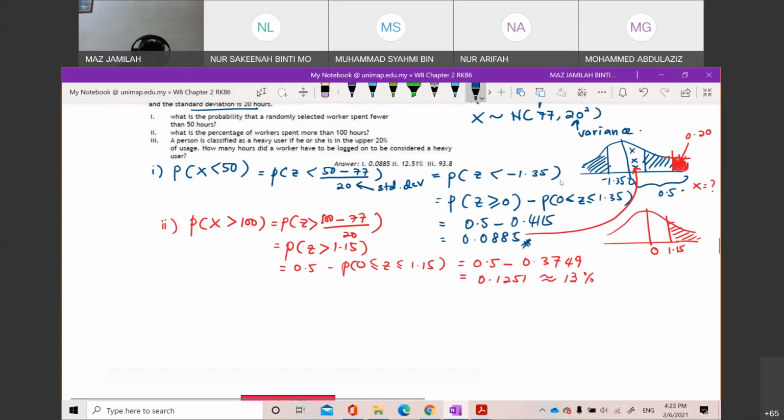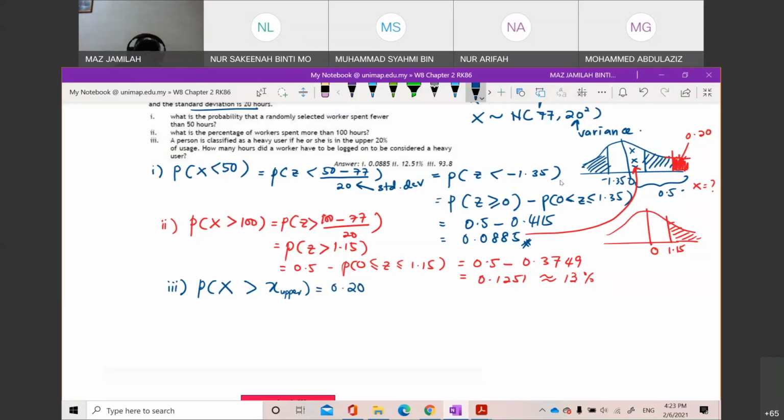Now, number 3. P(X greater than some value X upper) is equal to 0.20.